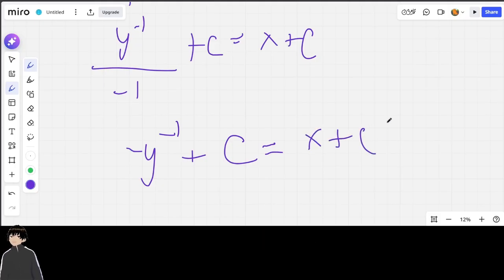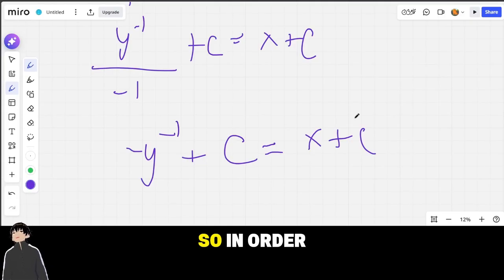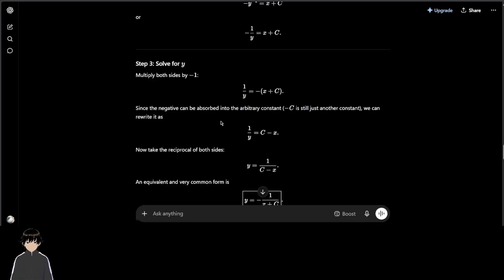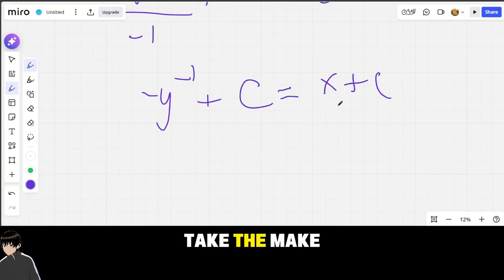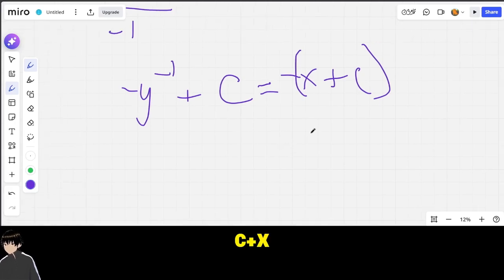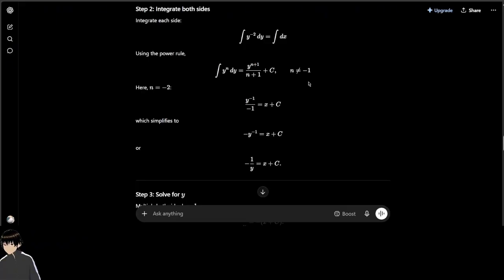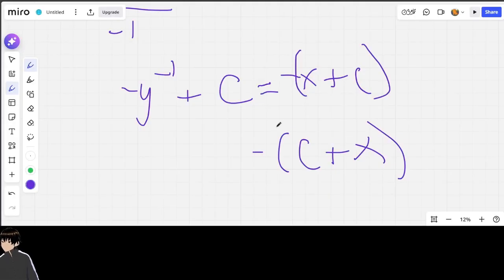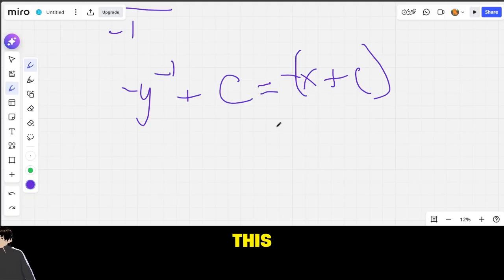So in order to solve for y, you have to make this negative, and then it's going to be c plus x. x plus c. God damn, how do you do this?